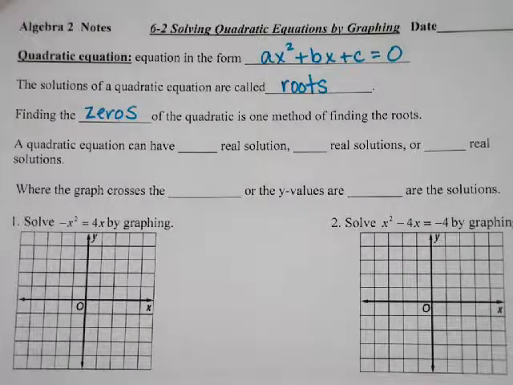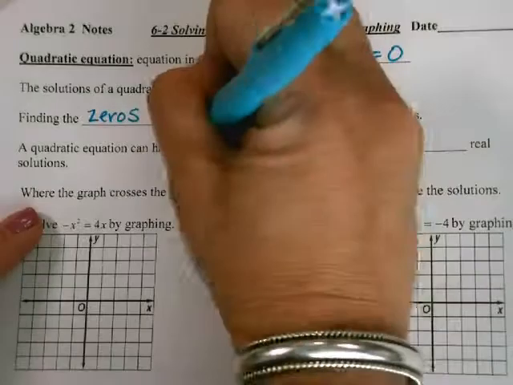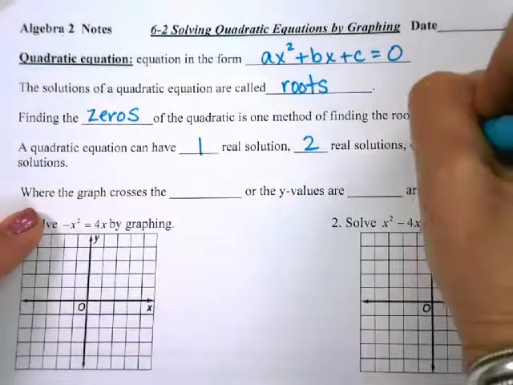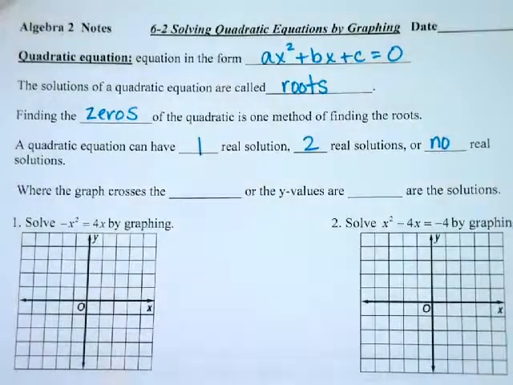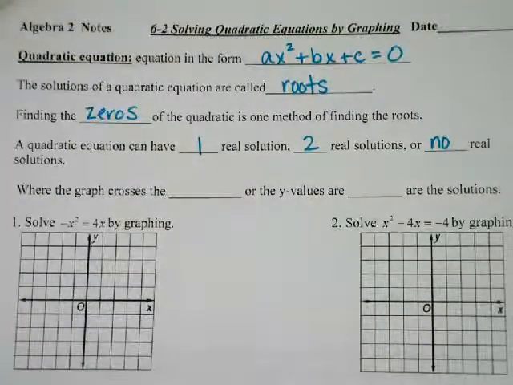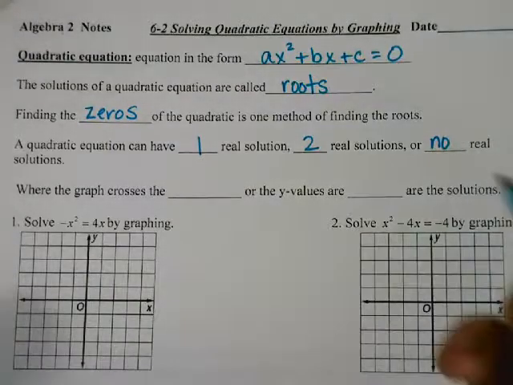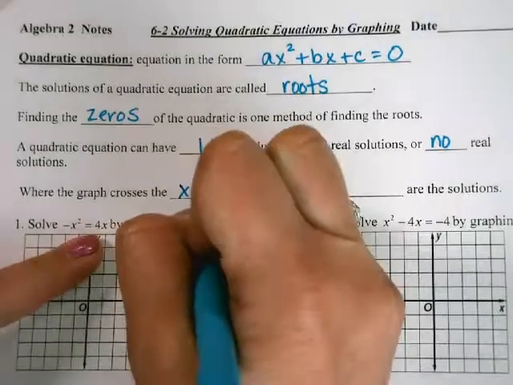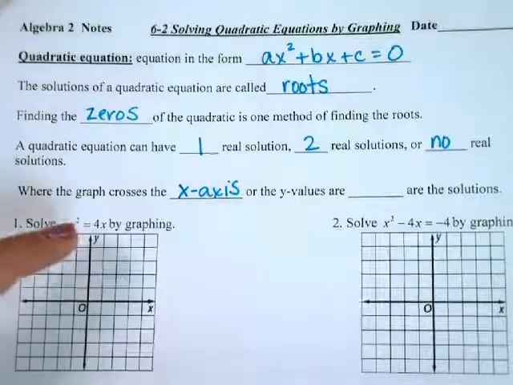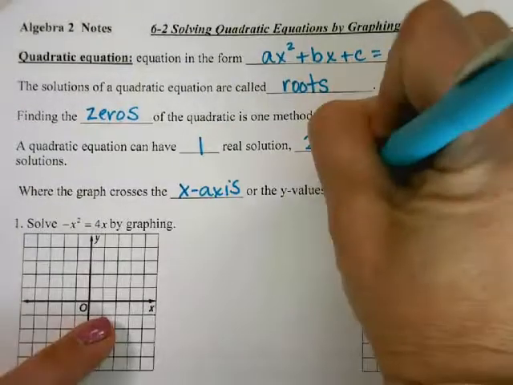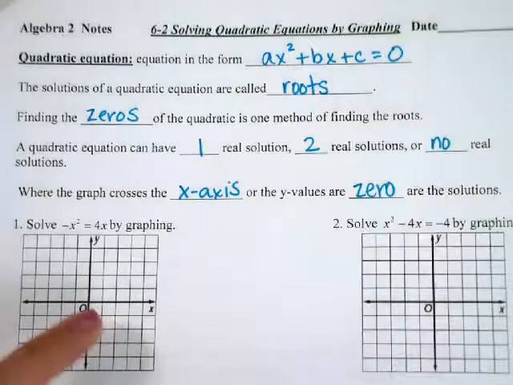A quadratic equation can have one real solution, two real solutions, or no real solutions. So we're looking for either one solution, two solutions, or none. If we're going to solve them by graphing, where the graph crosses the x-axis, or where the y values are 0, and that's why we say finding the zeros, are the solutions.